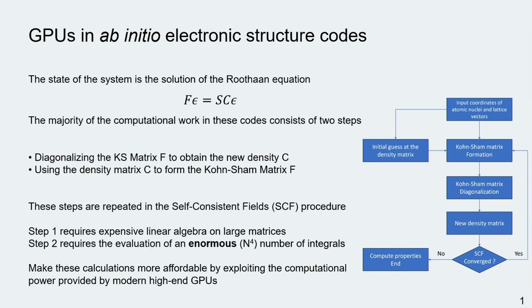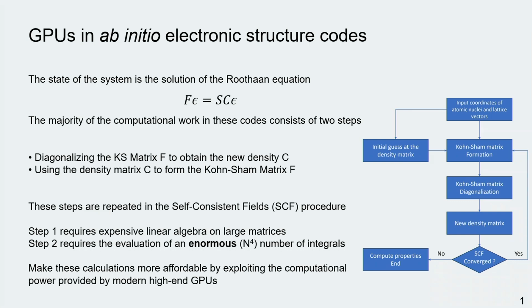Now, this problem can be quite complicated with many different steps. Let's say that the majority of the computational work consists of two essential steps: the diagonalization of the Kohn-Sham matrix F to obtain the new coefficient matrix C, and then from the matrix C and other information, we need to form the new Kohn-Sham matrix F. These steps are repeated from an initial guess in a self-consistent field procedure until we are confident we reach convergence, and we can then compute the properties of our material.